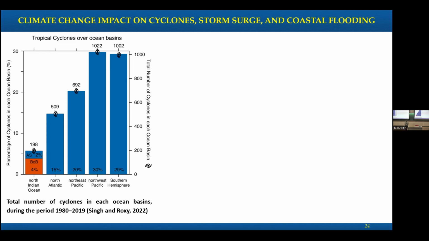But once the cyclone generates, the intensity is going to decide the extent of damage that's going to happen. So how does this damage happen? First of all, wind intensity is there, but what is the interaction between the ocean and the atmosphere? Wind stress acts on the ocean surface, and that leads to a push of the water mass.